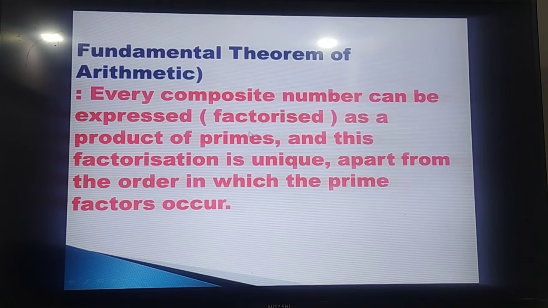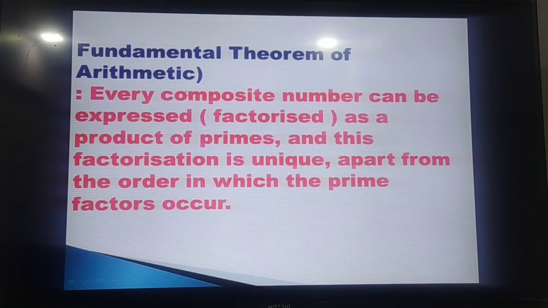Every composite number can be expressed as a product of primes, and this factorization is unique apart from the order in which the factors occur. Suppose 6 is there, 2 may occur first or 3 may occur first. But 6 has got factors 2 and 3.